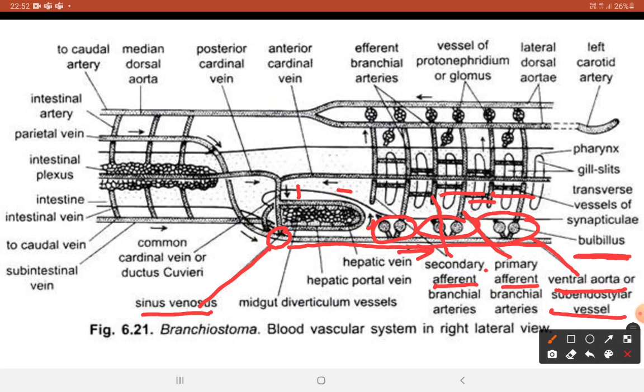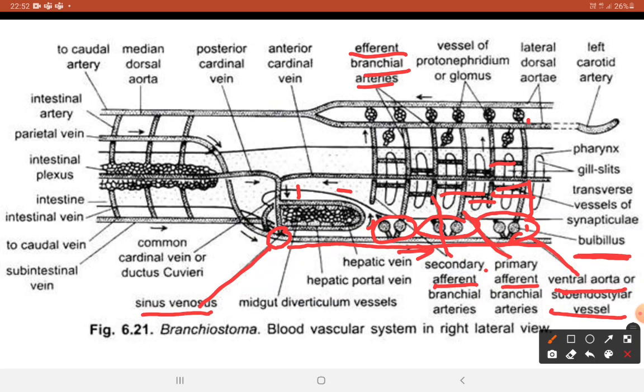Now the afferent vessels leave the pharynx. From here the blood from the ventral aorta goes to bulbuli, from bulbuli to the primary and the secondary gill bars, which are in turn connected with the help of these transverse vessels, and from there it leaves the blood to the efferent branchial arteries.